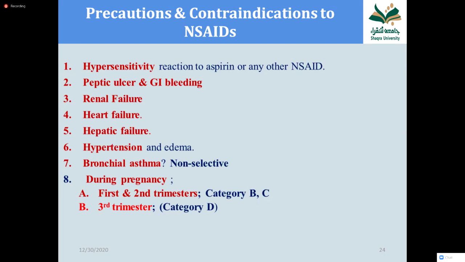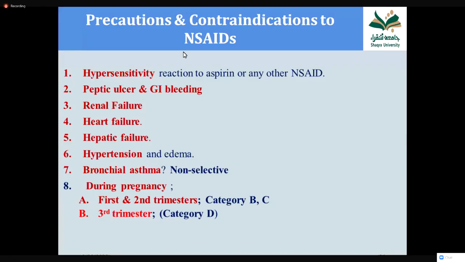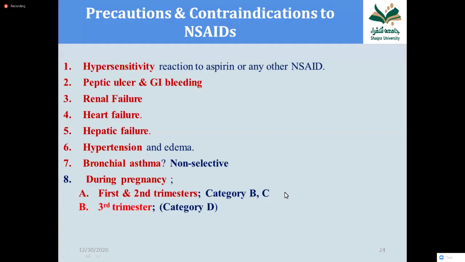Hepatic failure, impairment of coagulation, and increased bleeding risk by additionally inhibiting platelet function. Altogether, it may lead to hepatic failure. Hypertension and edema are also seen because of retention of water and sodium.